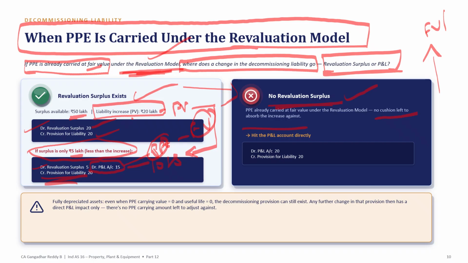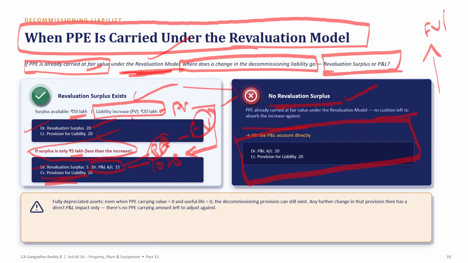In this situation, you can directly hit the P&L account for any increase or decrease in the liability. If it is a decrease, it could be other income or added to the revaluation surplus. If it is an increase, it would be a P&L effect only.